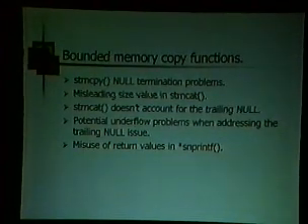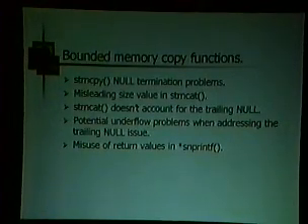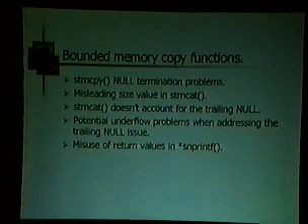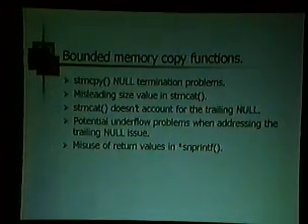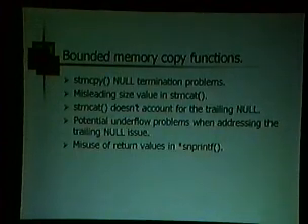There's actually strlcat now, which fixes this problem. Secondly, strncat doesn't account for the trailing null byte when processing the size value, so you actually have to pass the size value as the remaining length minus 1 so that strncat won't append a null byte past the end of the buffer. And there's thirdly potential underflow problems when addressing the trailing null issue.